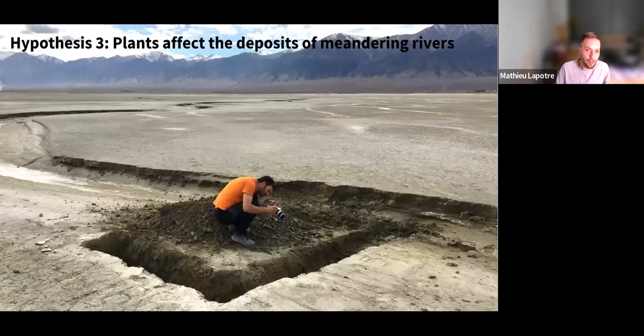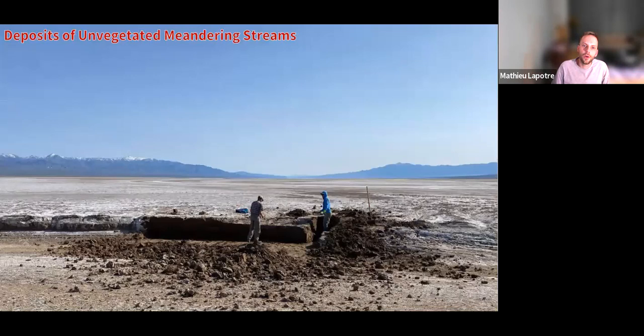So finally, the third hypothesis that we wanted to test is whether plants affect the deposits of meandering rivers, especially if those unvegetated meandering streams migrate 10 times faster laterally. Specifically, we wanted to see if we could identify any significant differences between the deposits of unvegetated streams and those of vegetated streams.